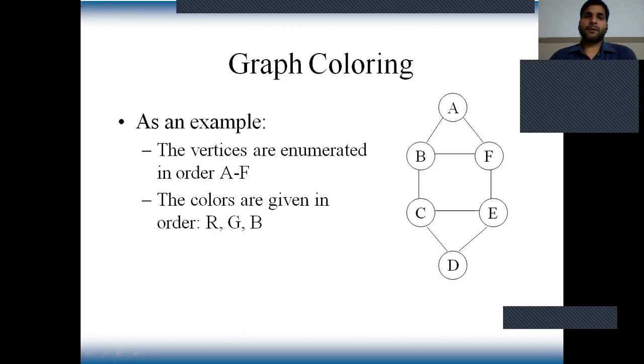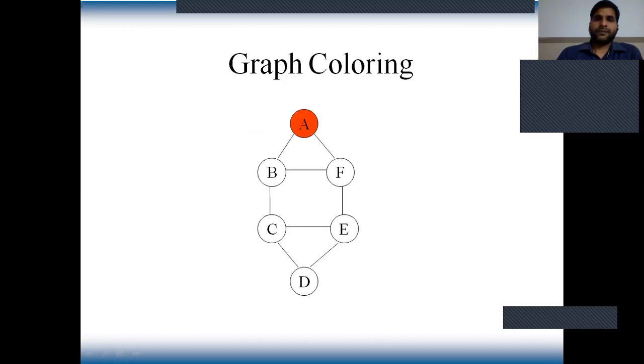For example, suppose we are given a graph with a number of vertices, A to F, in order A to F, and the colors given in order are red, green and blue. First A is colored orange, then B, then C, because we color the graph with the help of three colors.